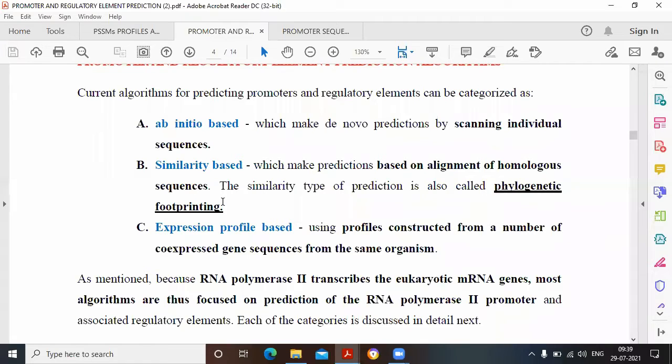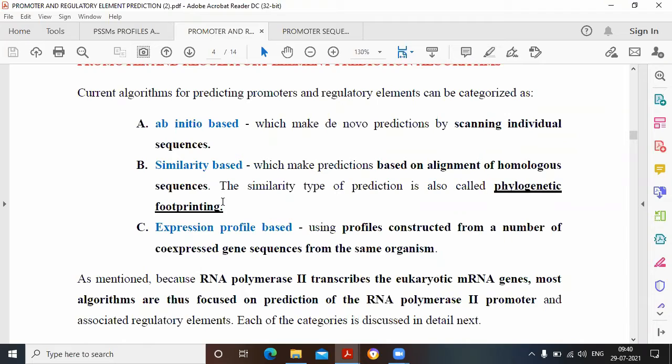This experiment was first done in the eukaryotic system, and as the name suggests, DNA footprinting identifies the RNA polymerase binding site. Here it is called phylogenetic footprinting because we find similarity at the phylogenetic level across all the sequences, and based on the sequence related information available, we adopt it.